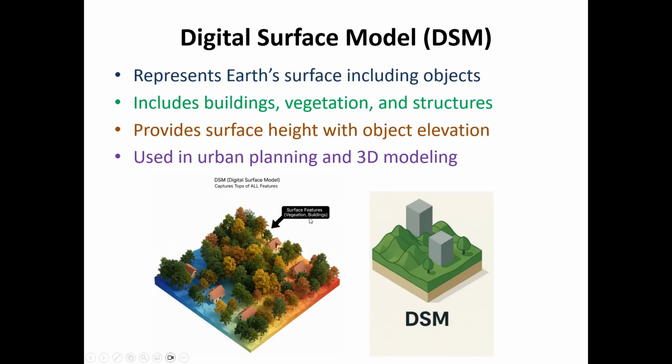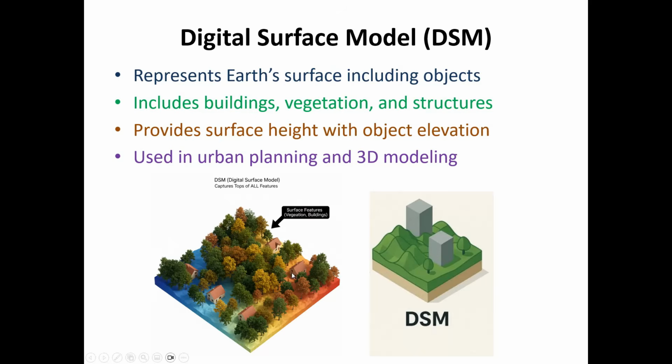And the digital surface model, that is DSM data, represents the earth's surface including objects. So what are all the objects? It can be trees or buildings. All features present on top of the earth's surface will also be taken. So it includes buildings, vegetation and structures, provides surface height with object elevation, and is used in urban planning and 3D modeling.